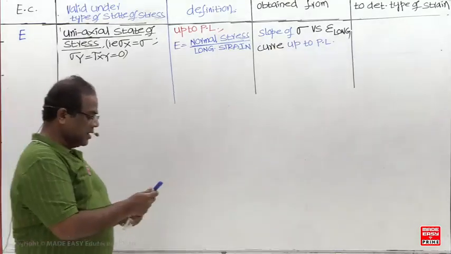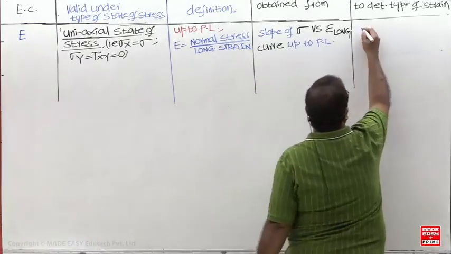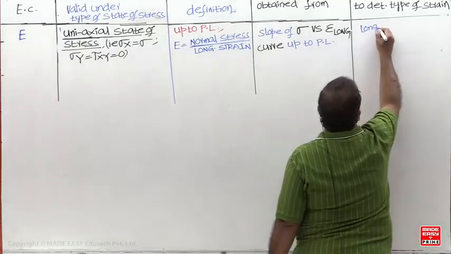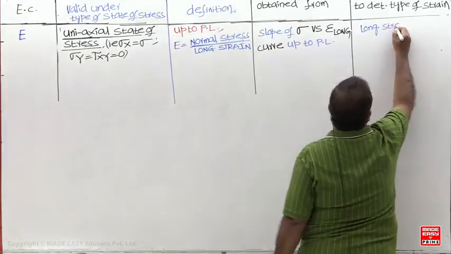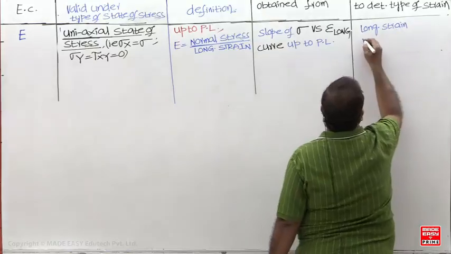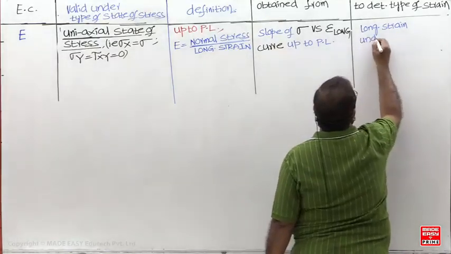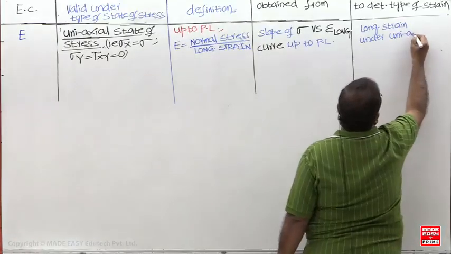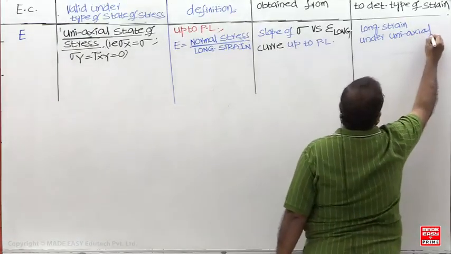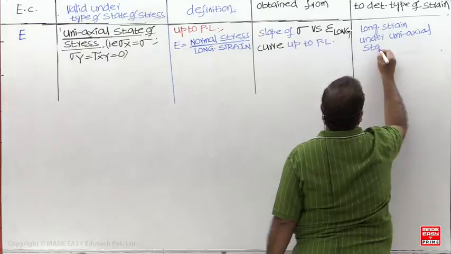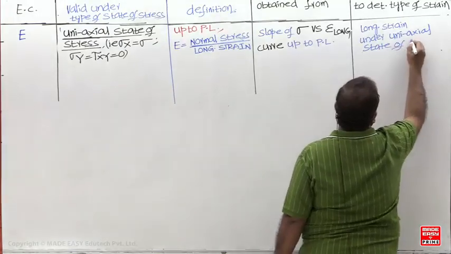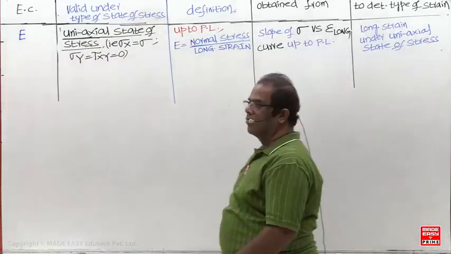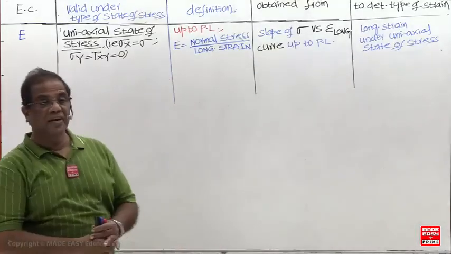PL is the proportional limit. So if you ask for the definition, what should I give?